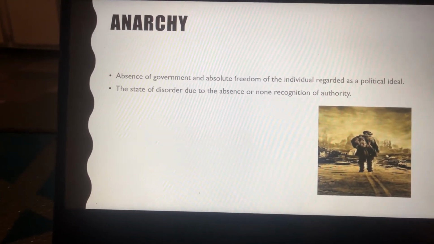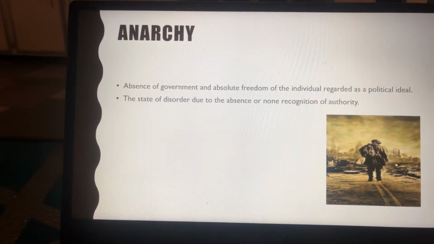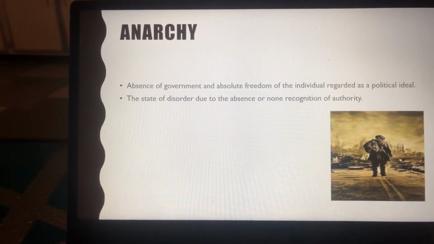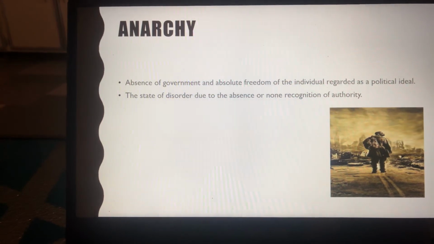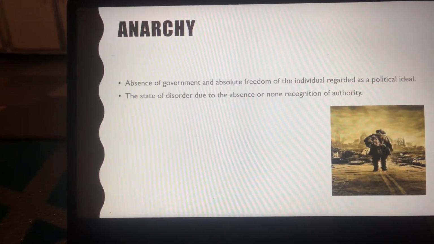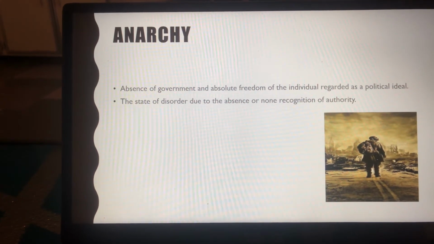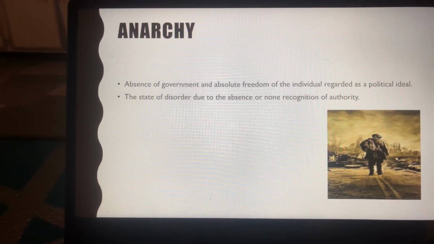Finally, we have anarchy, which should be our last form of government. Anarchy is the absence of government and absolute freedom of the individual regarded as a political ideal. Some people define anarchy as the state of disorder due to the absent or non-recognition of authority.